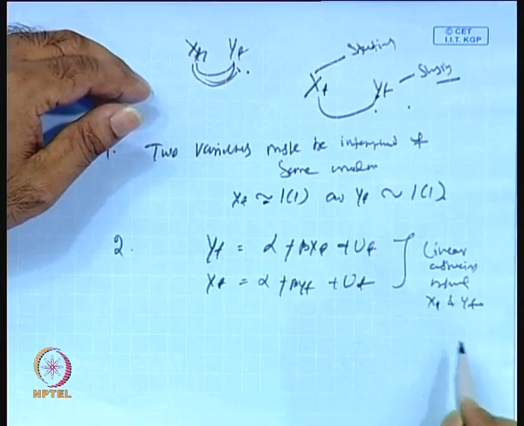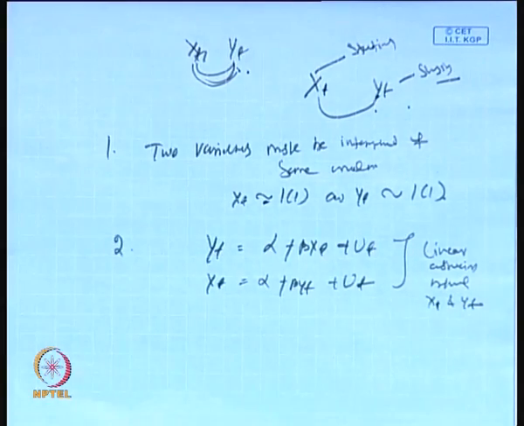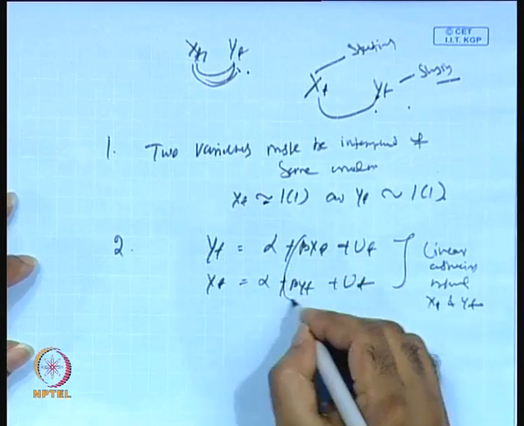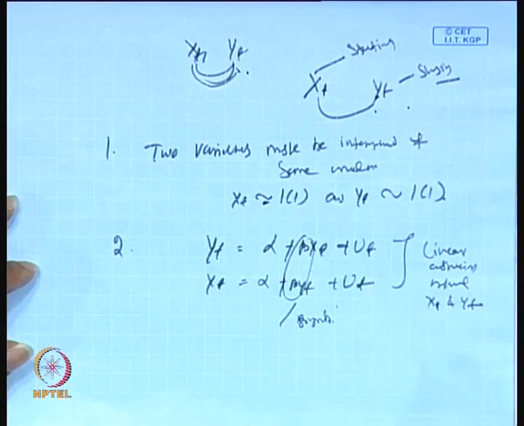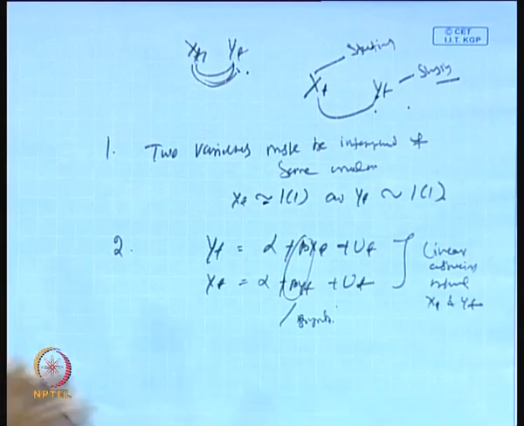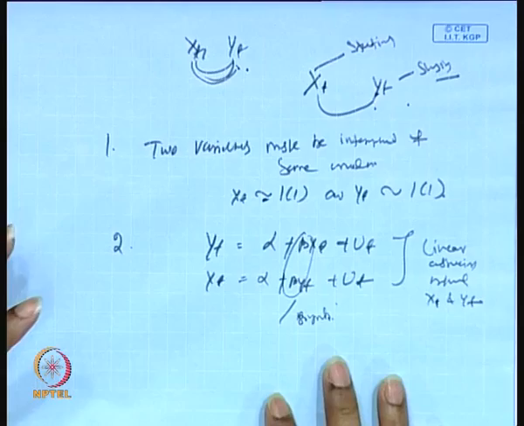So, we trust there is a linear relationship between these two, and beta needs to be significant. Okay. So, the first condition is that variables must be integrated of order 1, and the second condition is that there must be a linear relationship between these two.